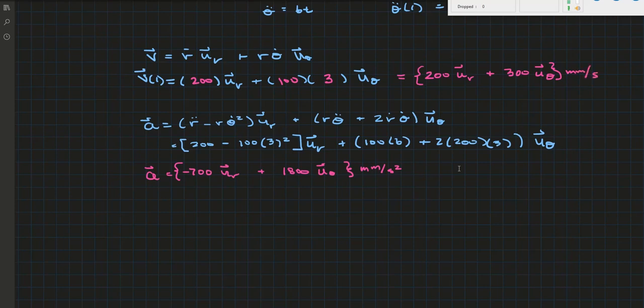And it is trivial to find our magnitude of velocity and our magnitude of acceleration, as this is 361 millimeters per second and this is 1930 millimeters per second squared, by just taking the square of the components and the square root of the sum of the squares of the components. Here, you could also find an angle based on those components.